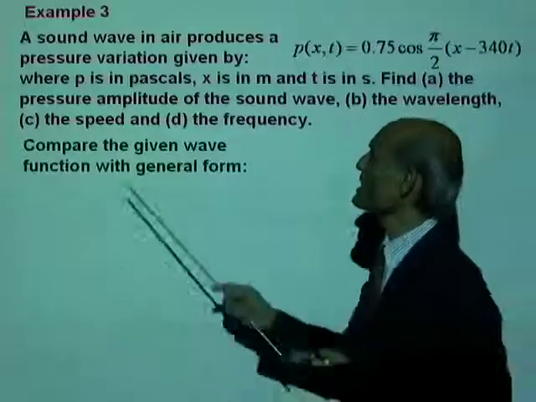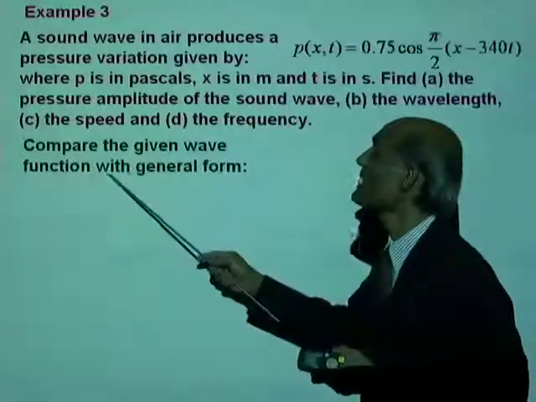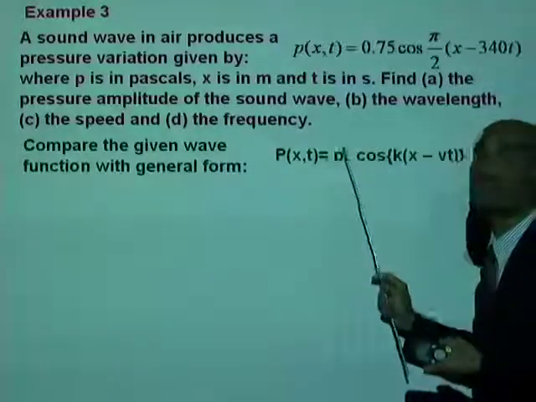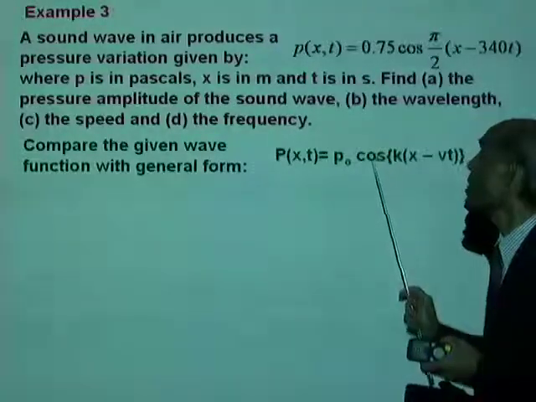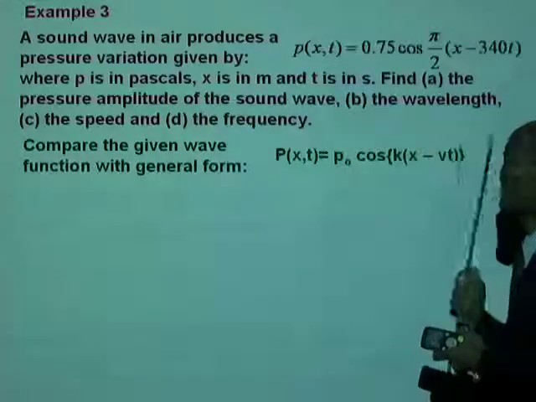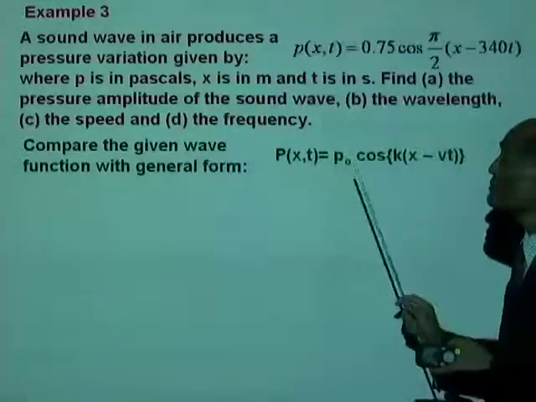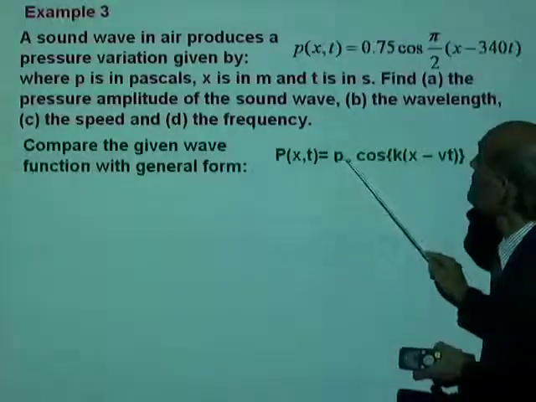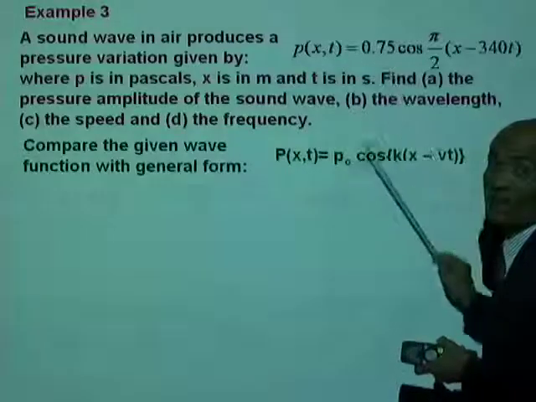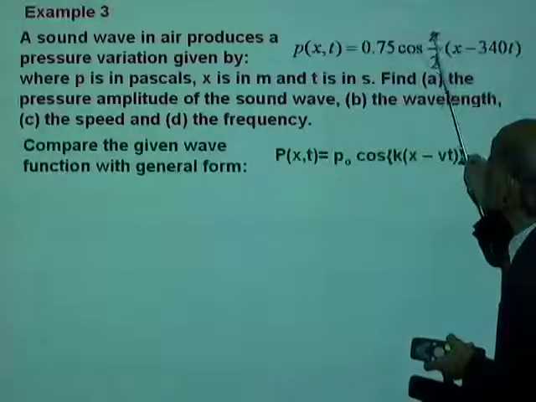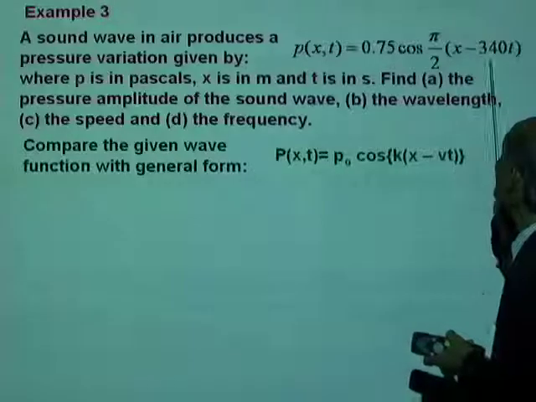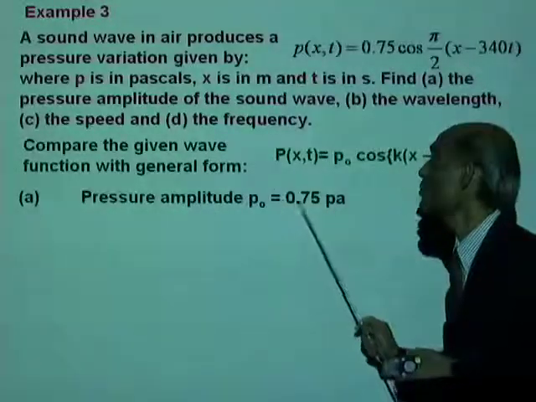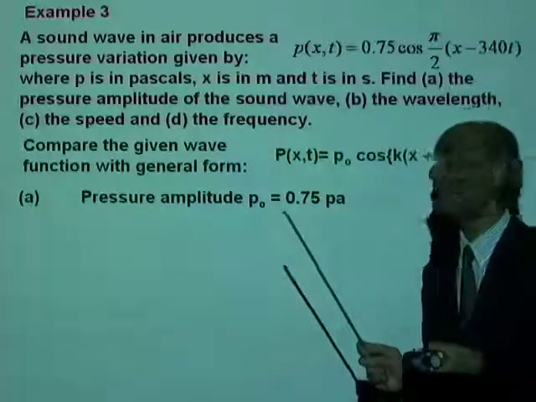Let's put these things together. Compare the given wave function with the general form P(x,t) equal to P0 cos k times (x minus vt). This is the general form. So you got P0 is 0.75, k is pi by 2, v is 340. Pressure amplitude is 0.75 pascal.